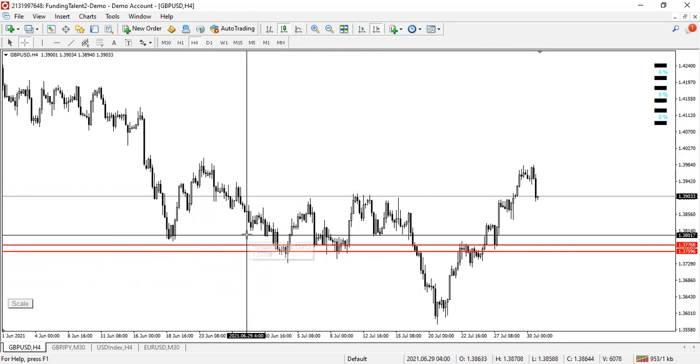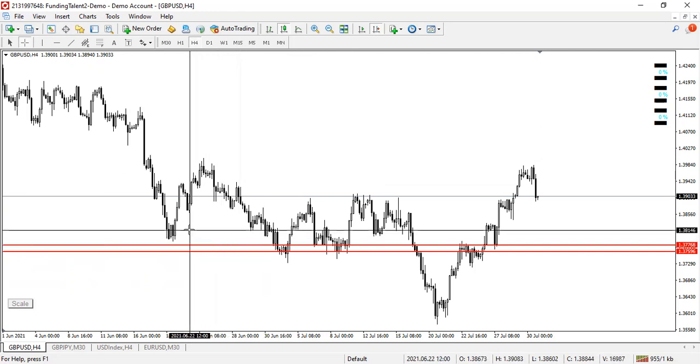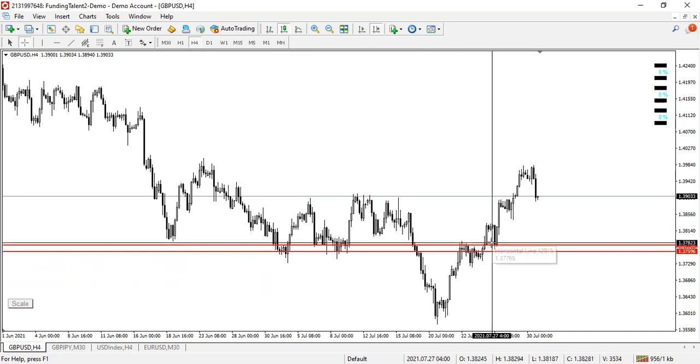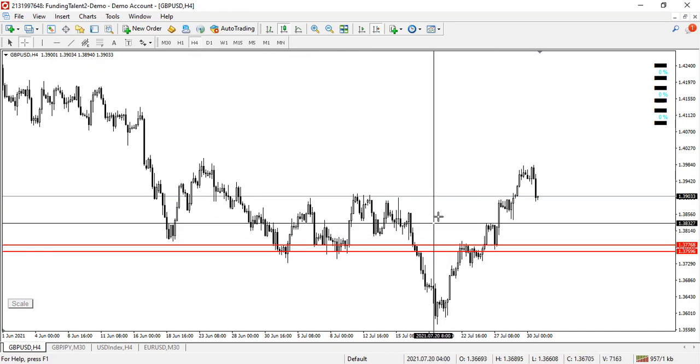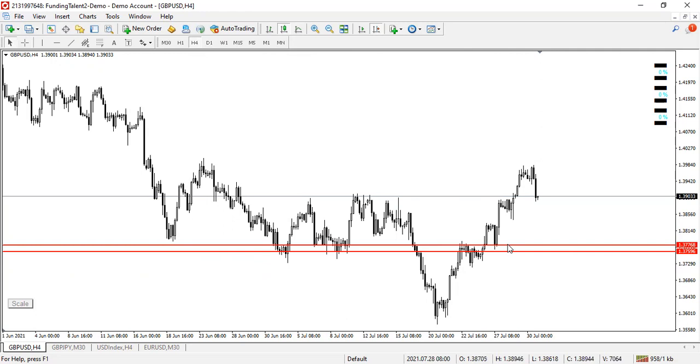This one wouldn't be the best price possible, and there is this liquidity void here. So that is Tuesday, and then let me go to Wednesday now.